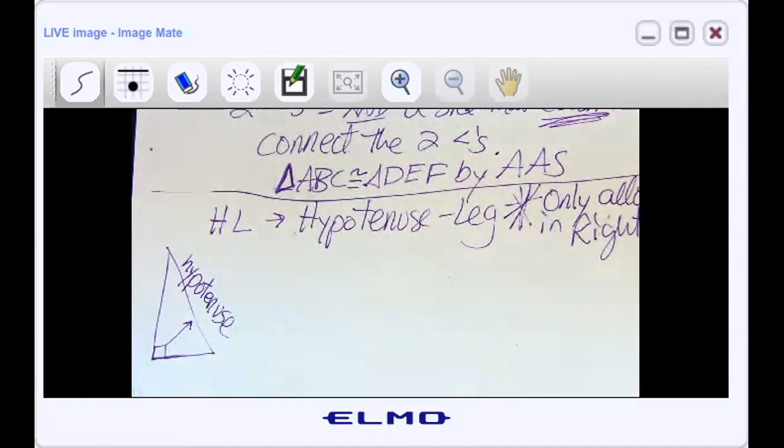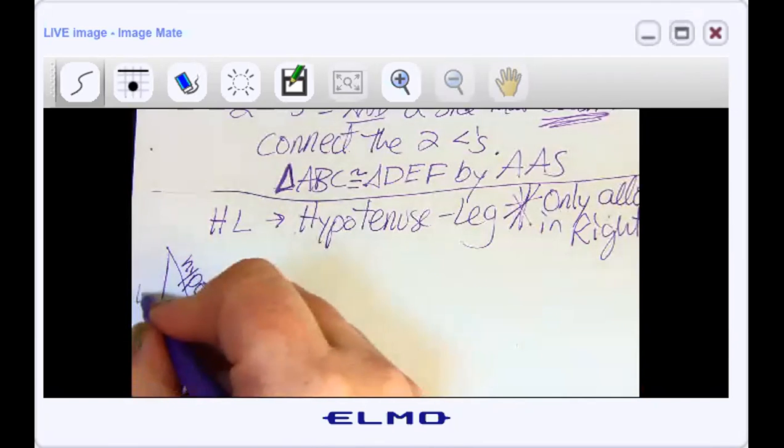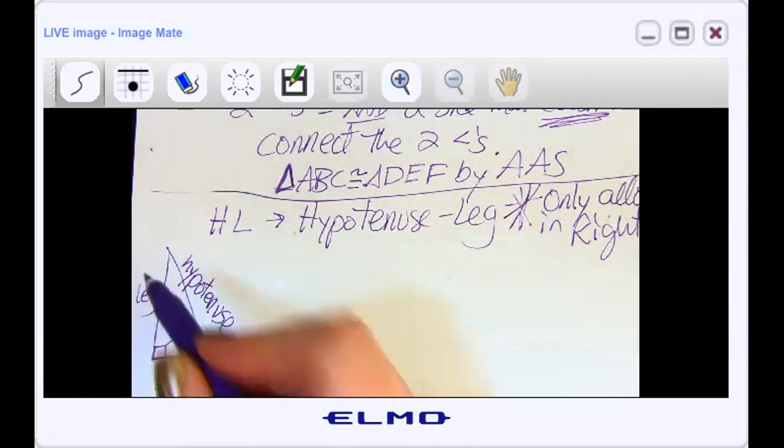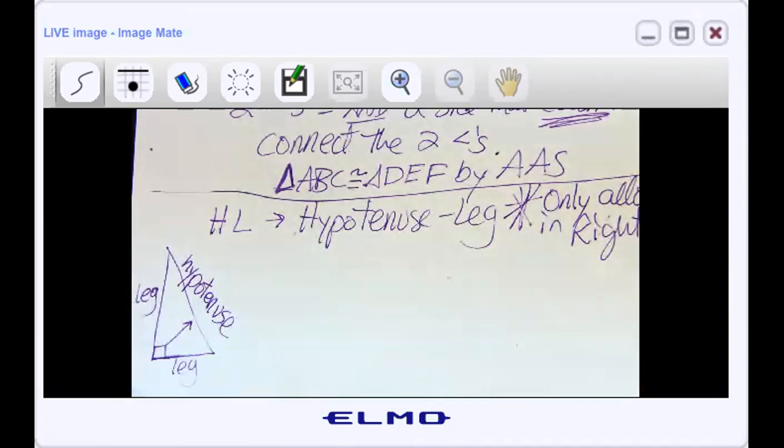So the hypotenuse is always that side across from the 90-degree angle, and the other two sides are called legs. So this is a leg and this is a leg. Just some terms that are specific to right triangles. Maybe you forgot about those, but that's how that works.